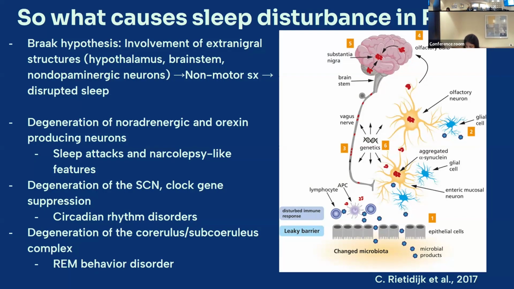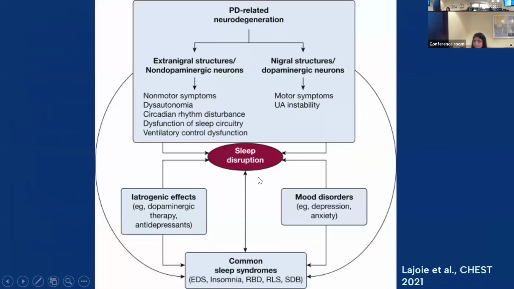There's a lot of alterations in circadian rhythm that's been seen in Parkinson's. They seem to have this blunted circadian rhythm, which is shown by a reduced amplitude of the melatonin rhythm and overall lower circulating melatonin. So possibly a degeneration of the SCN, which is leading to that in Parkinson's. And then degeneration of the locus coeruleus and subcoeruleus complex leading to REM behavior disorder, which I'll get into here.